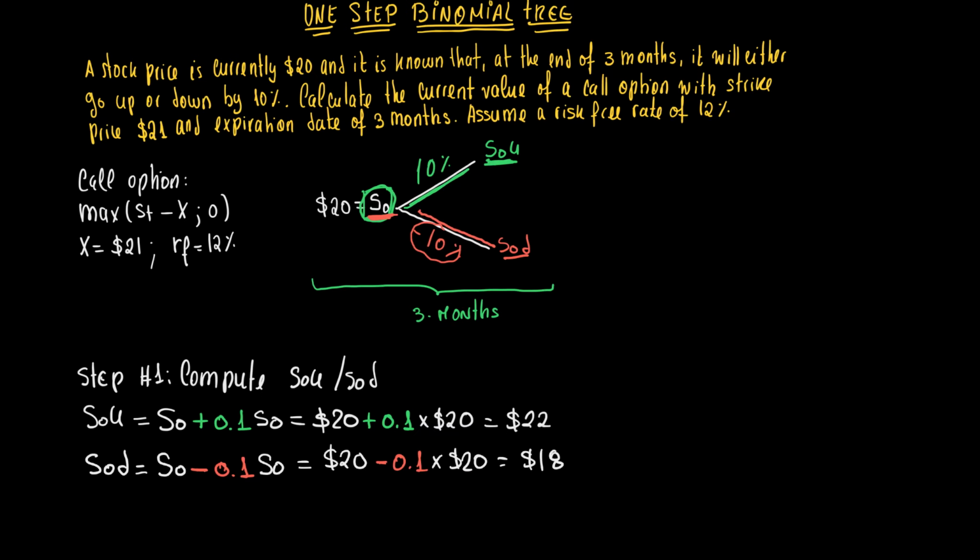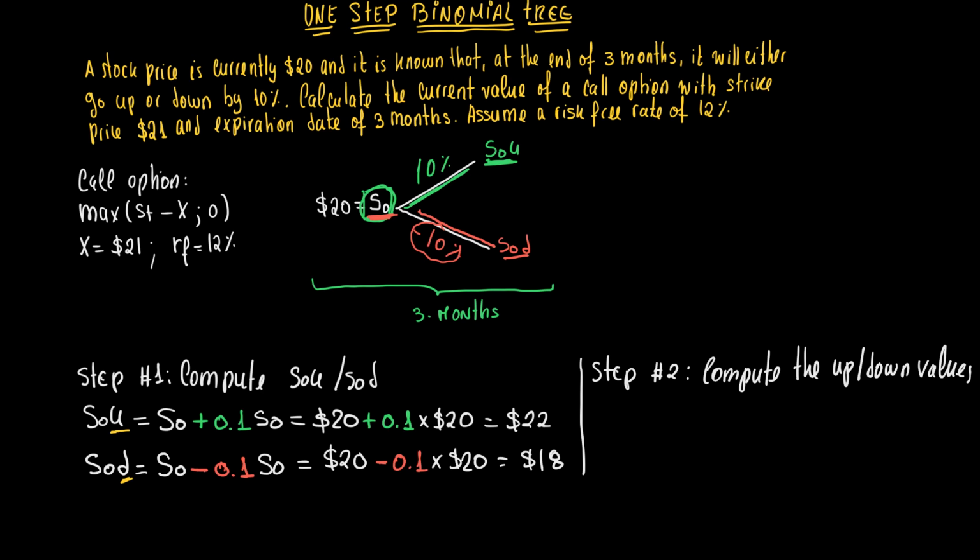Now that we know the values of the stock prices up and down, we should know how much we go up and how much we go down. So step 2 is to compute the up and down values of the stock. How do we do this?